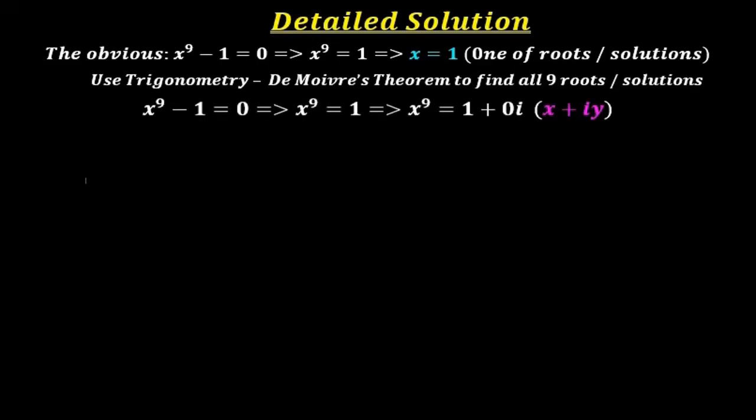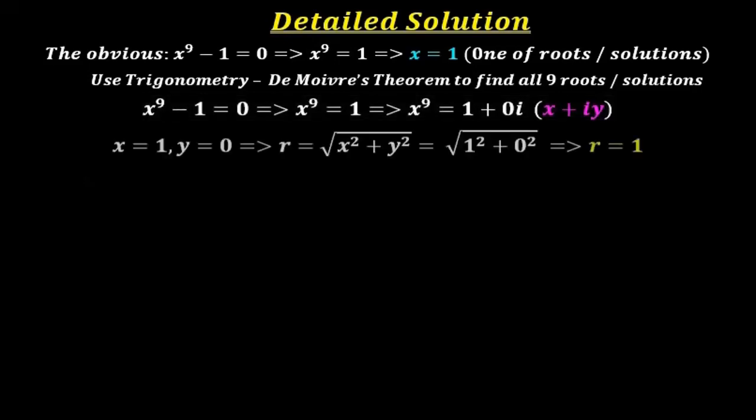And we start with x to the 9 minus 1 equals 0. That is x to the 9 equals 1, but we have to write this as a complex number. X to the 9 equals 1 plus 0i, which is x plus iy. So now we need to find the magnitude r and the direction theta.